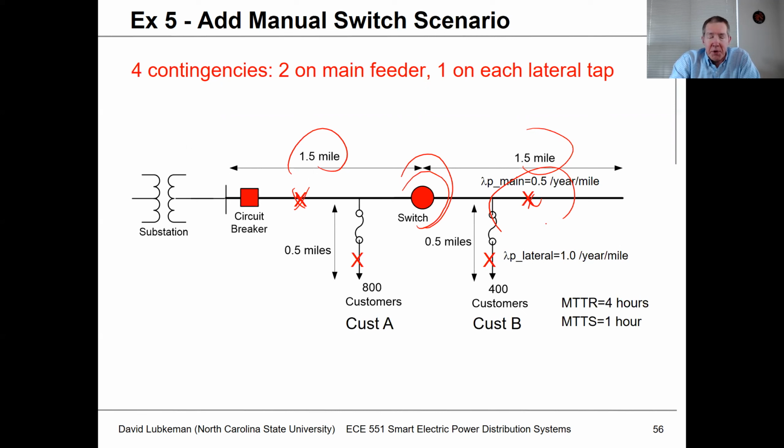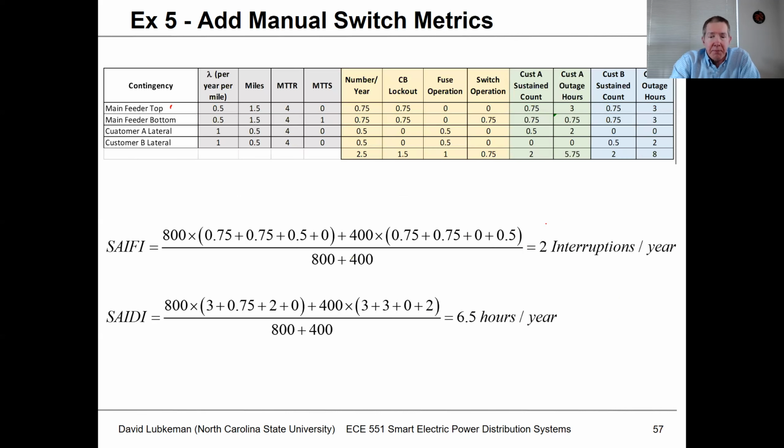I'd get the same result as in the base case. But if I have a fault on the bottom of the main feeder, I'm going to have a failure rate of 0.5 failures per year per mile. I've got a total of 1.5 miles. That gives me a total number of these events of 0.75 per year. So you see this doesn't have to be an integer.